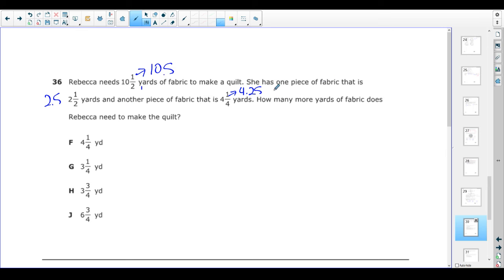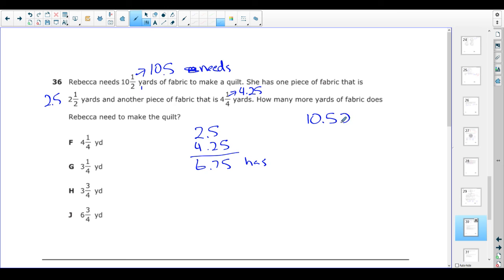Alright, so let's figure out what she has. She has these two, 2.5 and 4.25. Let's put them together. So 2.5 plus 4.25 is 6.75. This is what she has, and 10.5 is what she needs. We need to know the difference between 10.5 and 6.75.